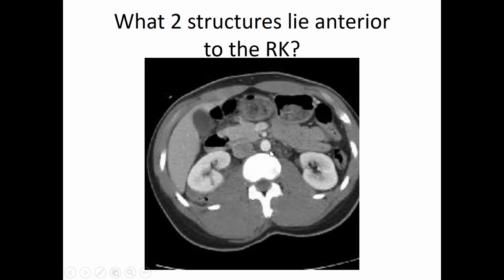Here's our right kidney, and here's a structure 1 and a structure 2. You mentioned Morrison's pouch, right? So where's Morrison's pouch? What are we pouching with? We see some liquid. It's the gallbladder. Gallbladder, and then if that's gallbladder, what is this? Liver. Got it.